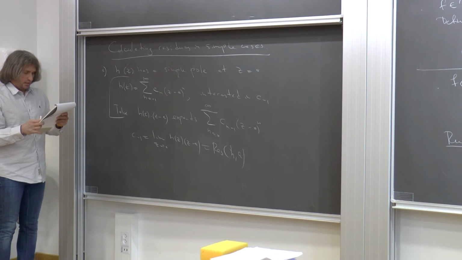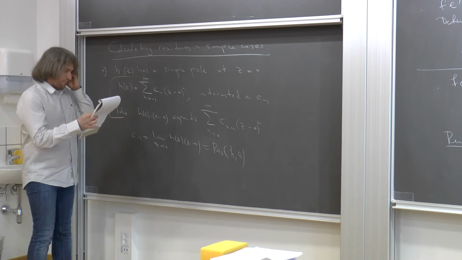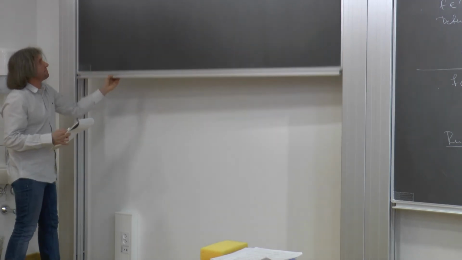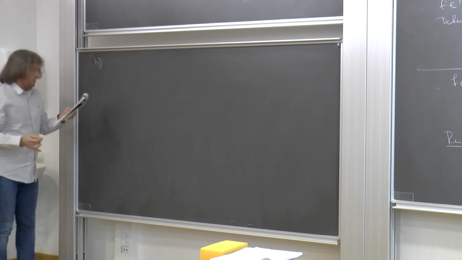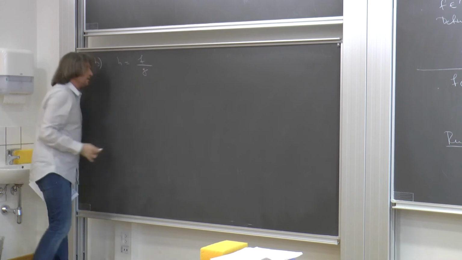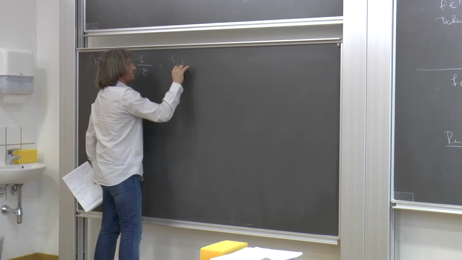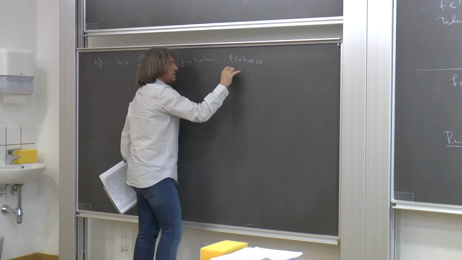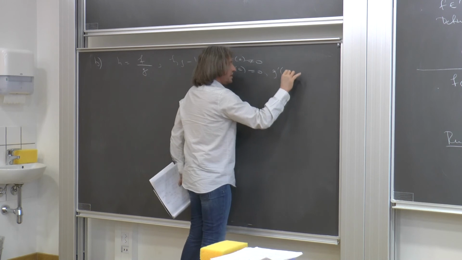Another example, in a way, is a generalization of this. Suppose we have h, which is f divided by g, and f is holomorphic, f of a is not 0, g of a is 0, and g prime of a is not 0.